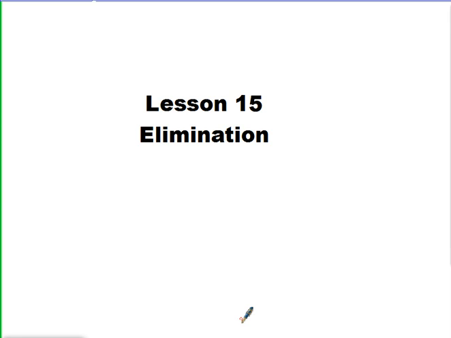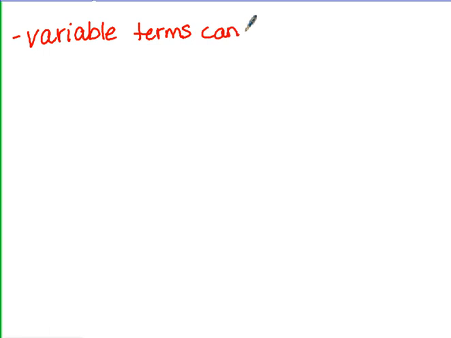We can eliminate a variable by addition, also called linear combinations. So variable terms can be eliminated by addition or subtraction.